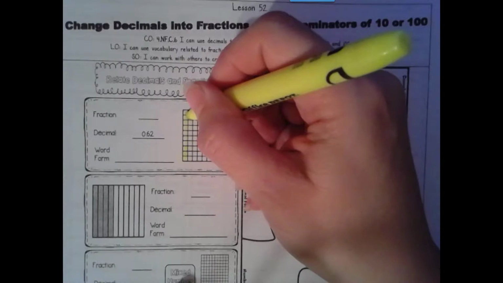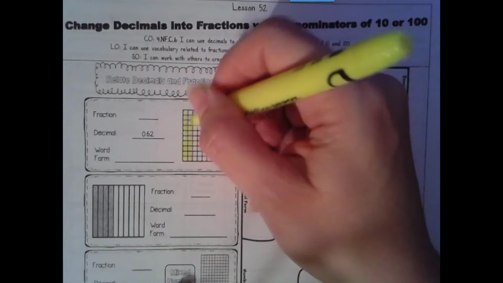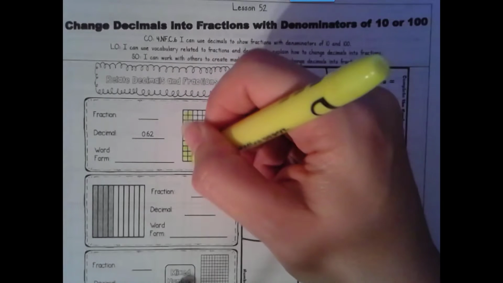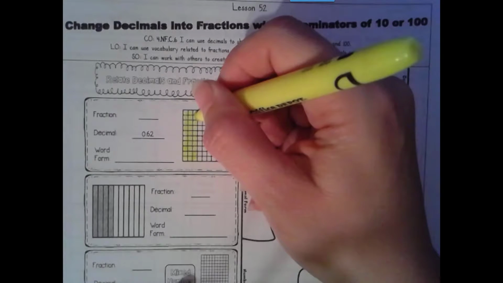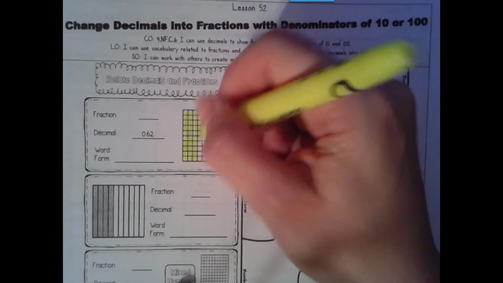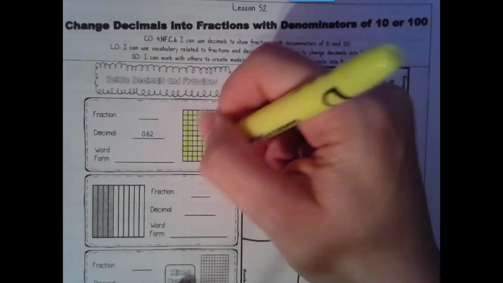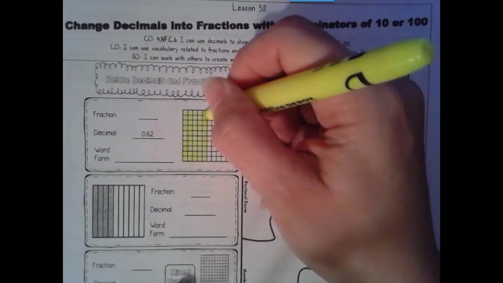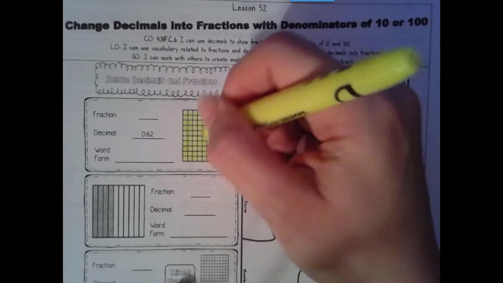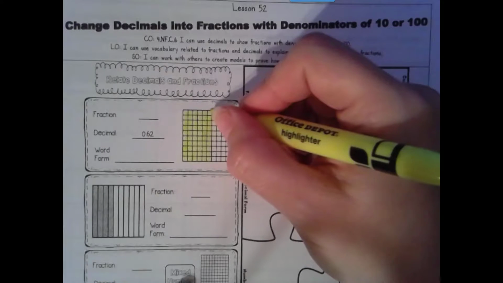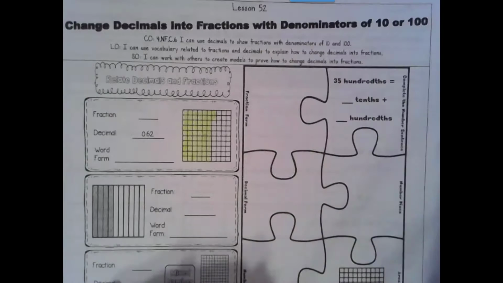So each column is 10, so 10, 20, 30, 40, 50, 60, and 2.